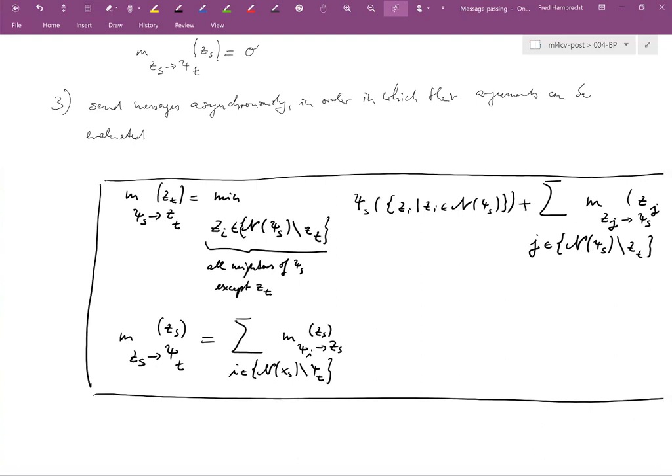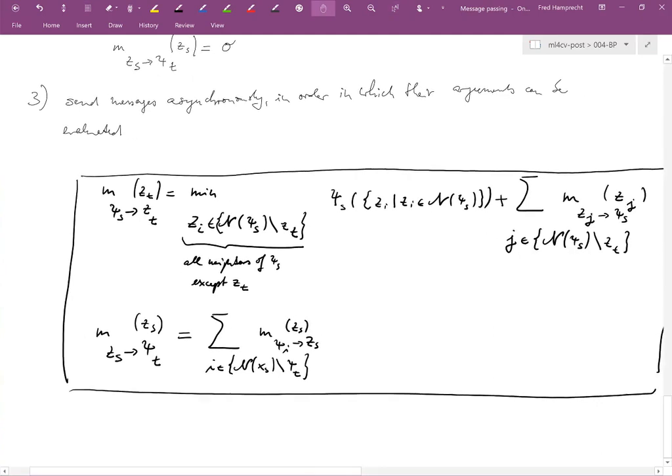The notation here is general but a bit cumbersome. To get a better grip on this, we will let you do this for a tiny example yourself in the exercises. Here, we want to send a message from the leaf to the root.